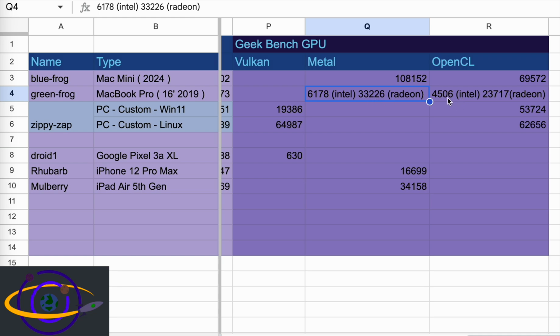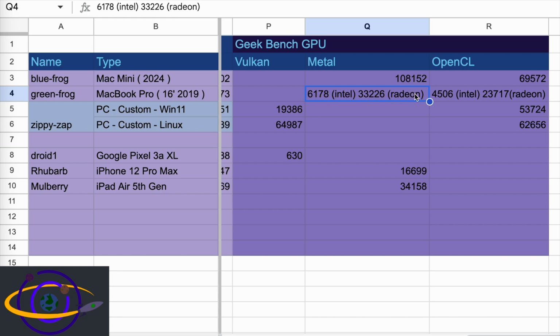The Intel and the Radeon are both less good on OpenCL: 4,000 and 23,000 for OpenCL, and 6,000 and 33,000 for Metal.